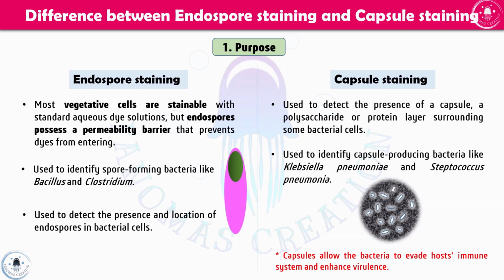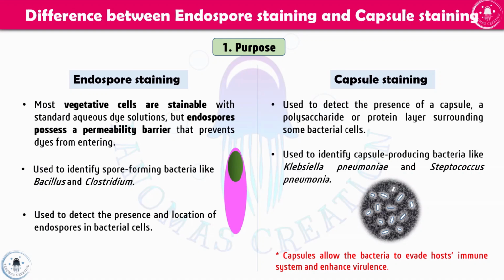The majority of bacteria having capsules are pathogenic in nature. They evade the host immune system easily and enhance virulence after getting inside the host. So identification of capsular bacteria becomes very important, and for this the capsule staining was developed.